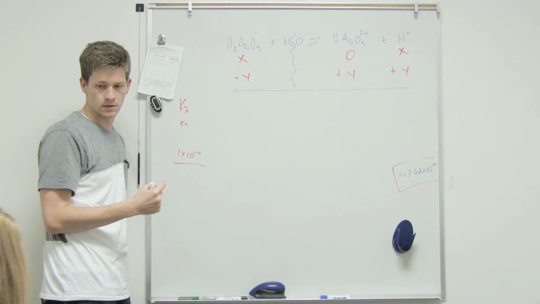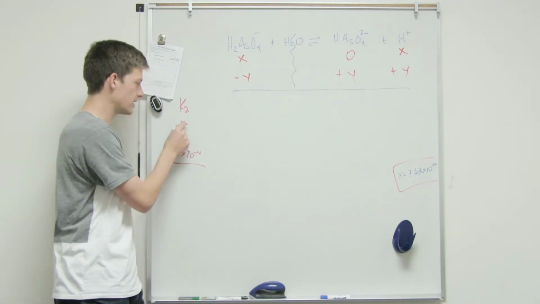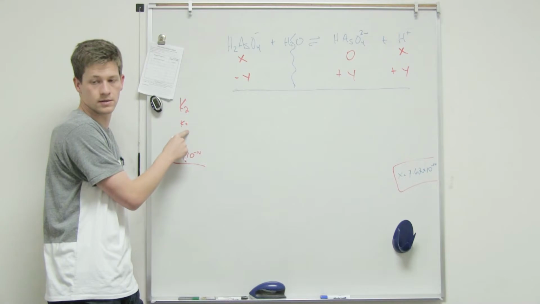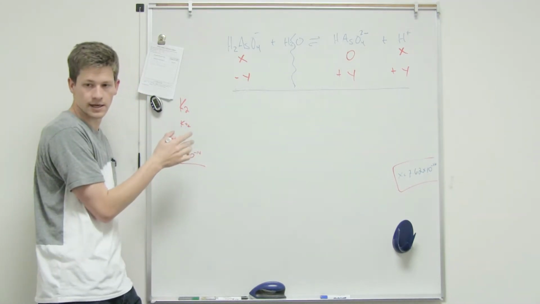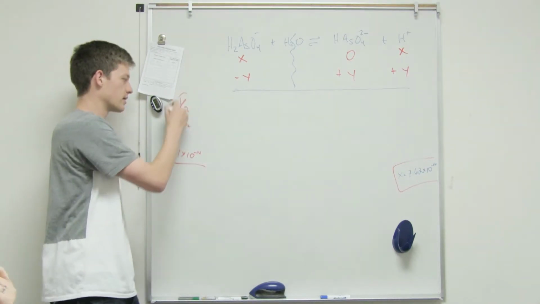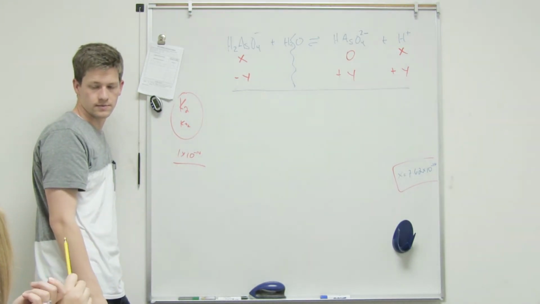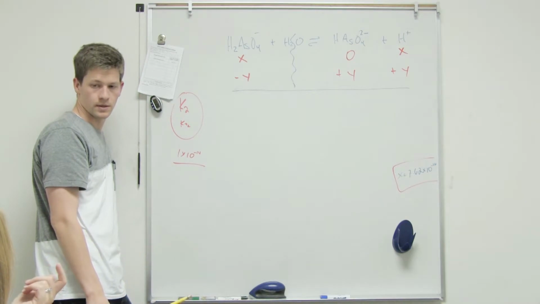But what's Ka then? Ka is referring to the constant for an acid. K2 and Ka2 are equivalent. I'm saying if you went the other way, make sure you know how to convert these into Kb. If we're given Ka or K2 and we want to find the opposite of that.